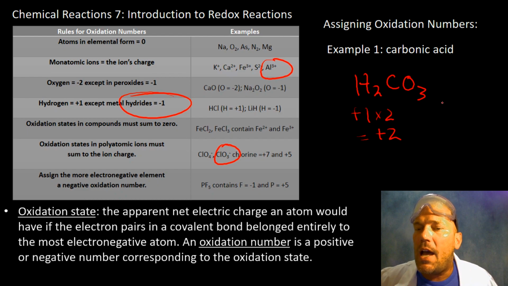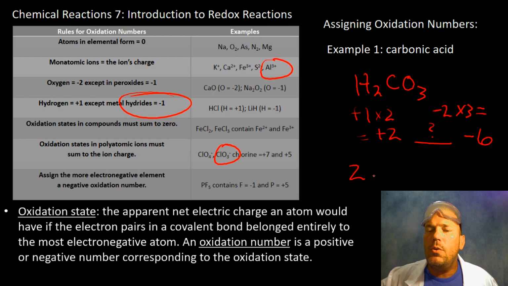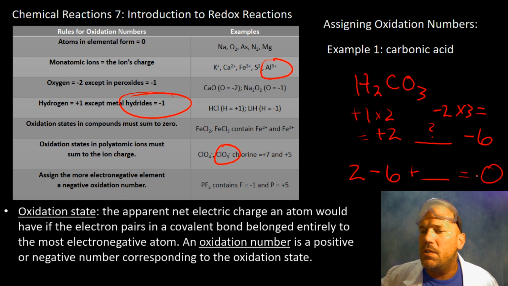All right, let's look at the oxygen here. Oxygen is -2, and we have 3 of them, and so that'll give me a -6. So the question becomes, what is carbon? 2 minus 6 plus blank equals 0.